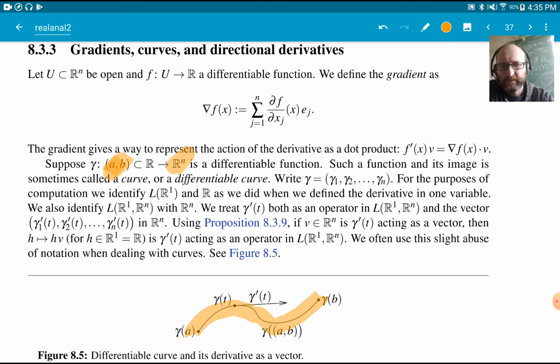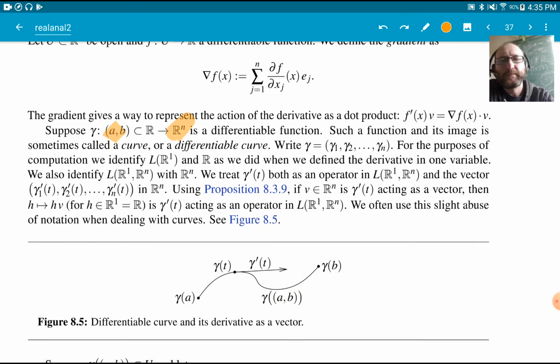So let me get rid of these things. If I have that, it's all functions of one variable, but now I have more components, right? So it has n components for this n.